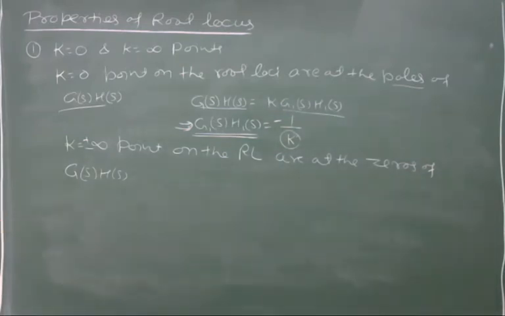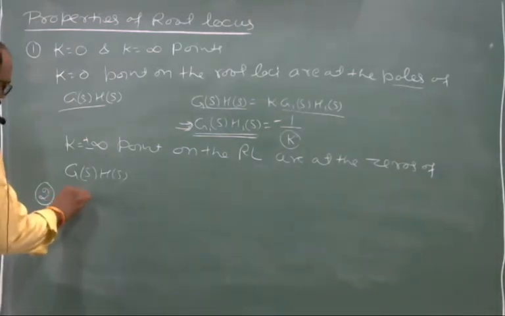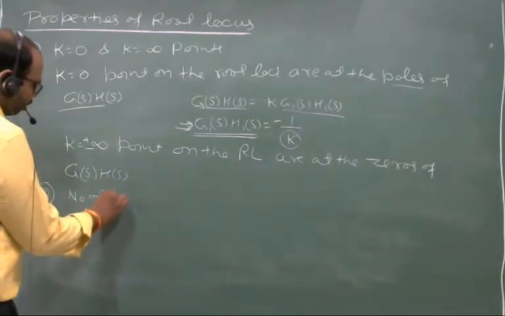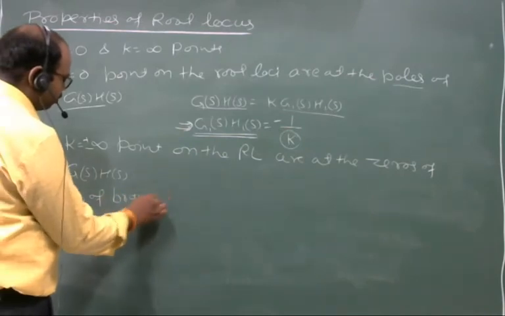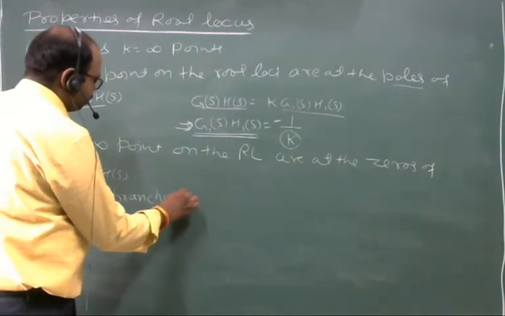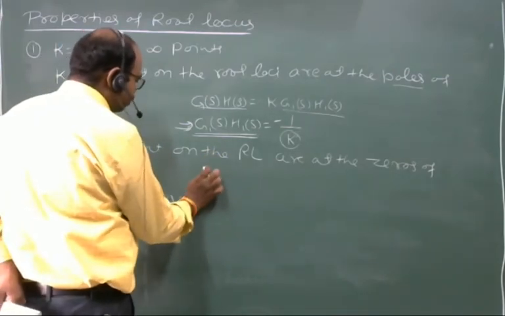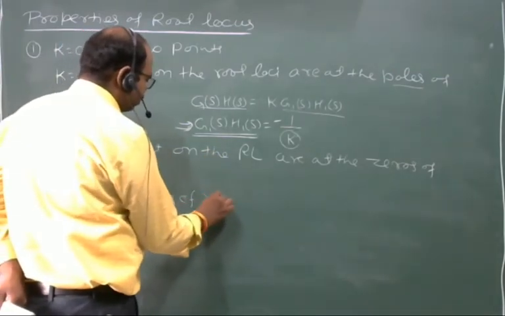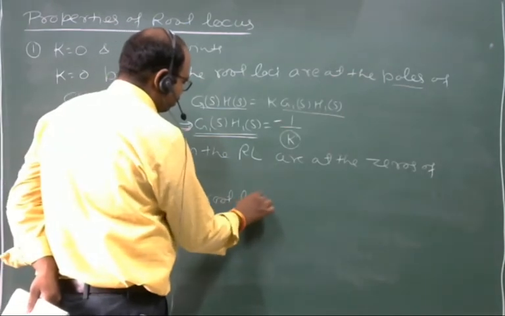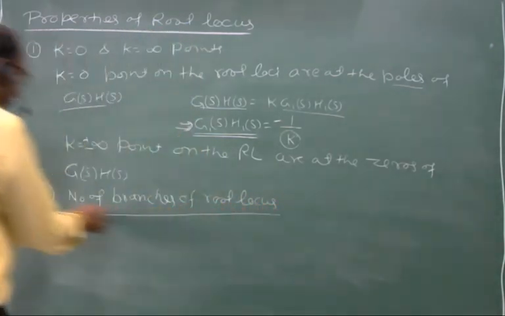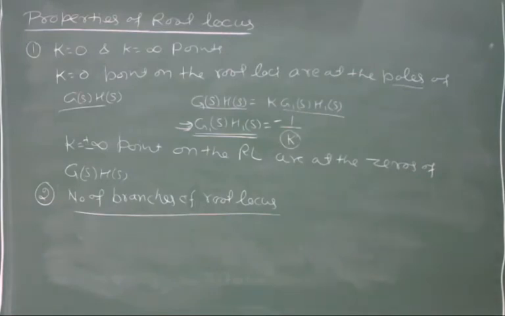Second property, number of branches of the root locus. How many branches will be there?